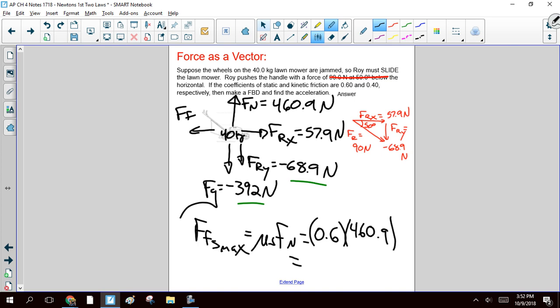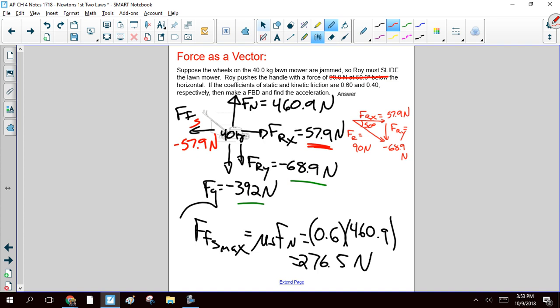Probably don't even need to do the math to realize it's not going to work, but if you multiply that, 0.6 times 460.9, you end up getting 276.5 newtons. In order to prevent the motion, we only need to cancel out this 57.9. So it looks like that's going to work. So this is static friction, negative 57.9 newtons, and there's your drawing.